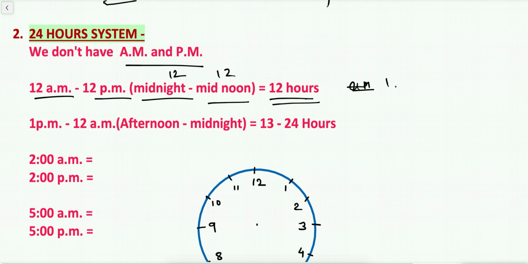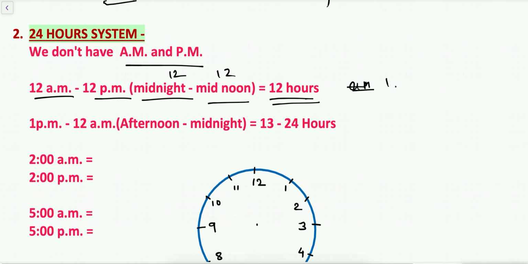But after 12 noon, from 1 PM to midnight 12 AM, as we don't have the AM and PM concept here, we have the 13 to 24 hours. That is how we will read it here.